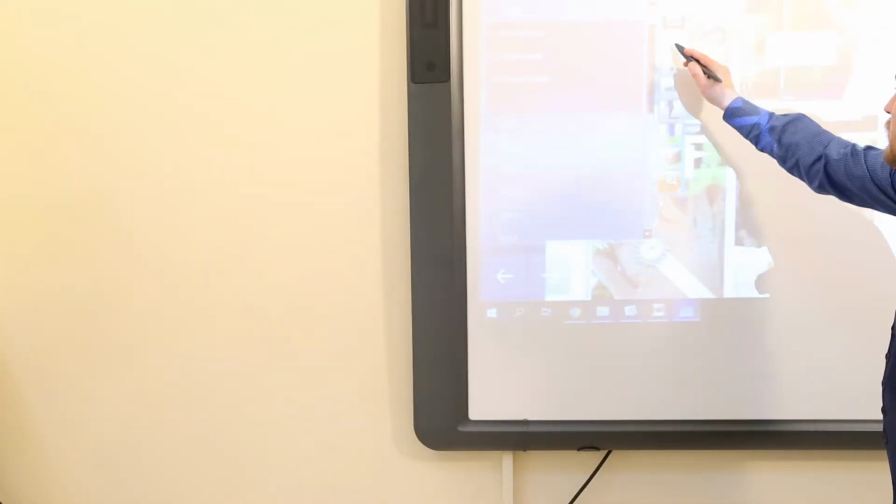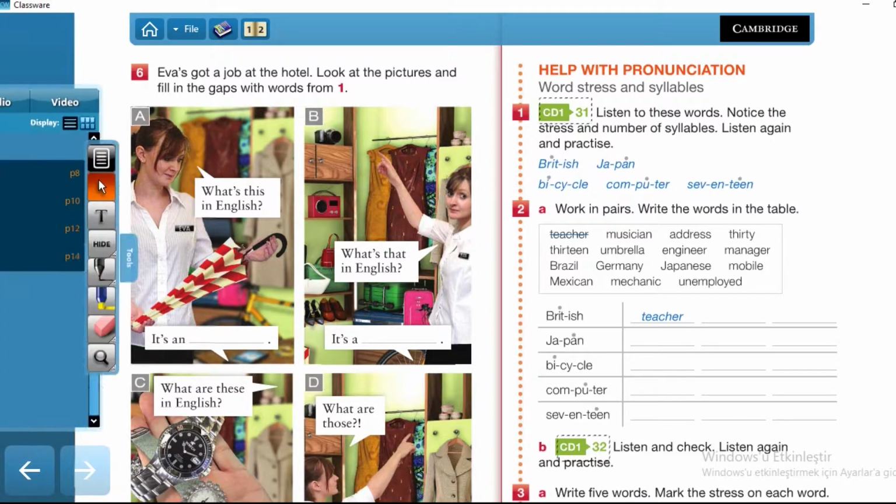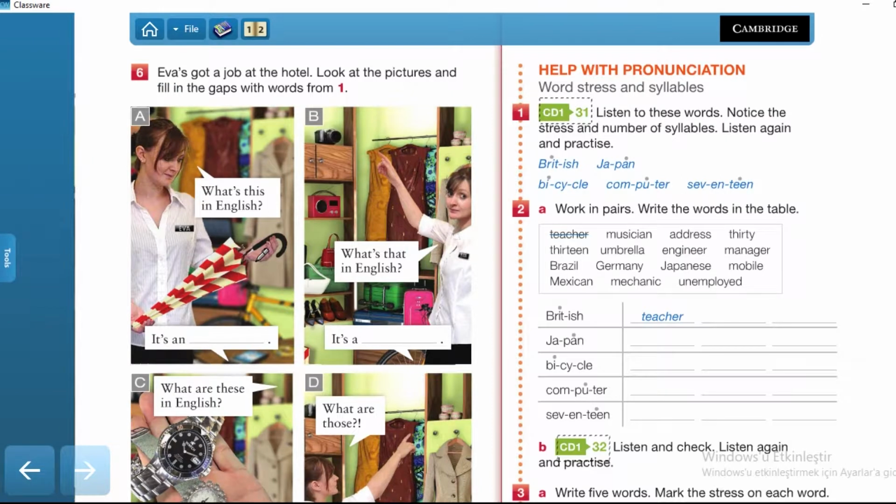Let's have a look at the examples in the book. A. What's this in English? It's an umbrella. We can say this is an umbrella or it's an umbrella. Let's write it. And now it's there. So we say, what's that in English? It's a camera, or we can say that's a camera.